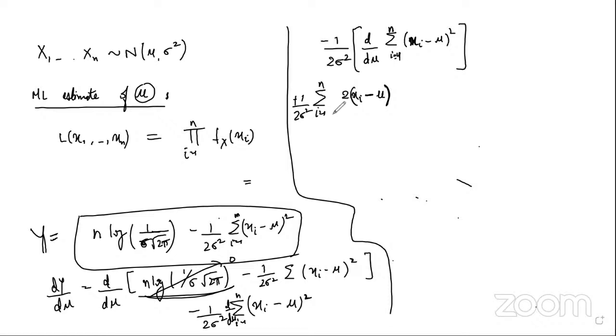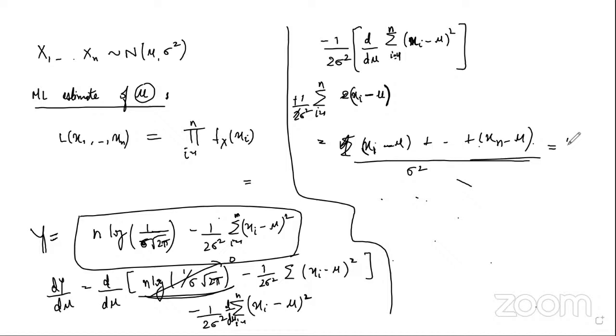This is varying from i equals 1 to n. Now this 2 you can cancel, and it becomes the sum over (xi minus mu), so basically (x1 minus mu) plus (x2 minus mu) plus up to (xn minus mu), divided by sigma square, and this comes out to be 0.